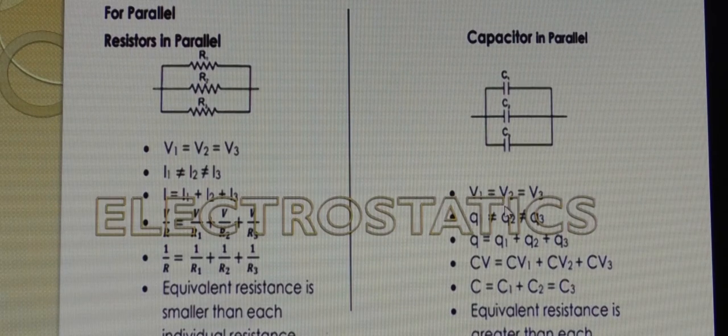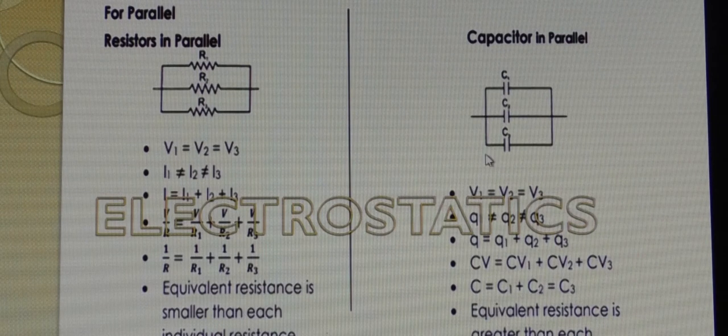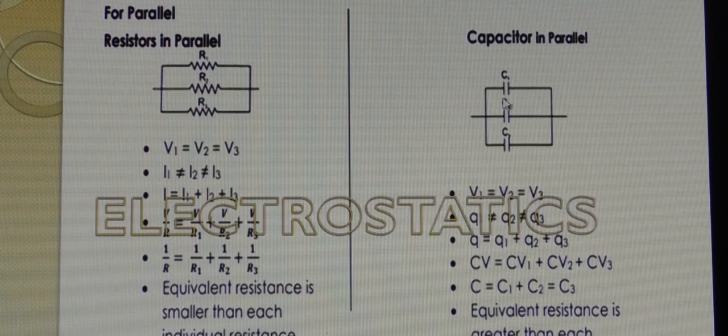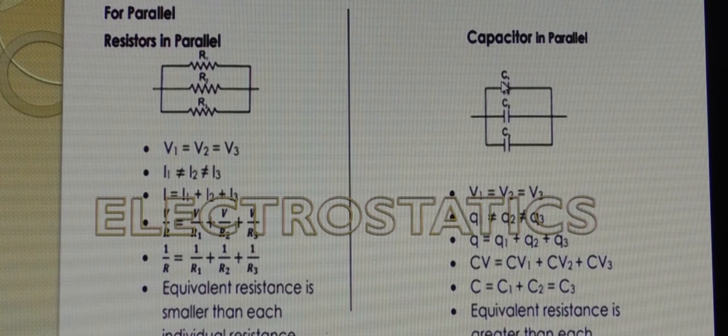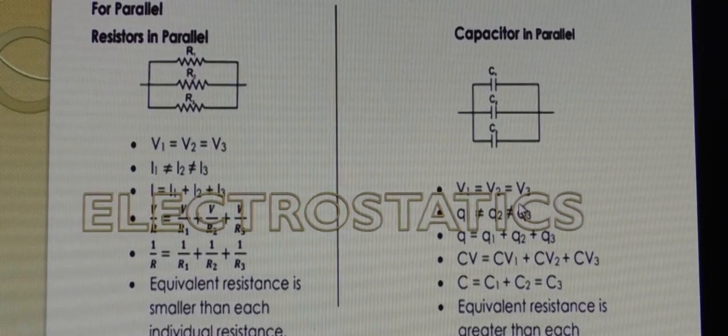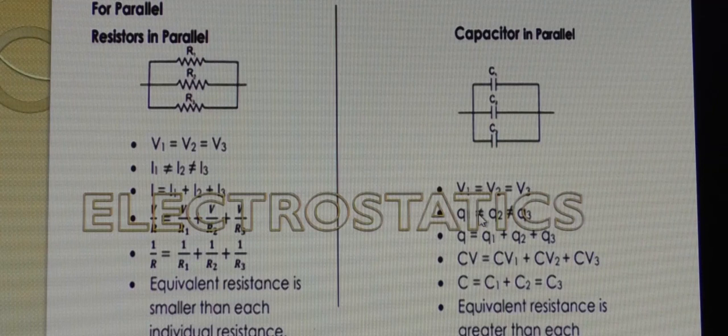and also because the path of the current is different, definitely Q1, Q2, Q3, means different charges are deposited or stored at the plates of the capacitors. So it means Q1 is not equal to Q2 is not equal to Q3.